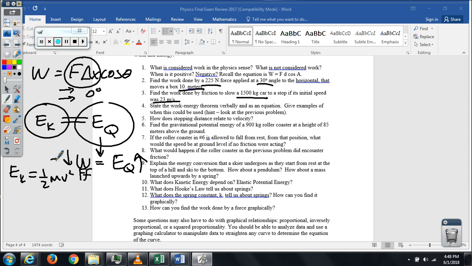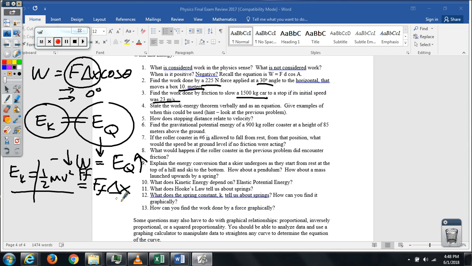How does the stopping distance relate to velocity? Well, if you know that EK equals 1/2 mv squared, this is where your velocity term comes from, and that equals the work that's being done by friction. The work done by a constant frictional force is FF times delta x.